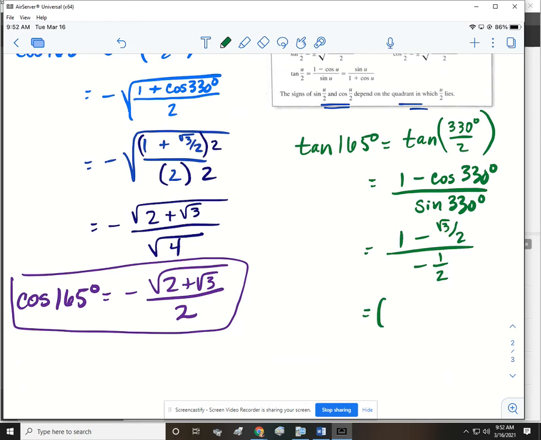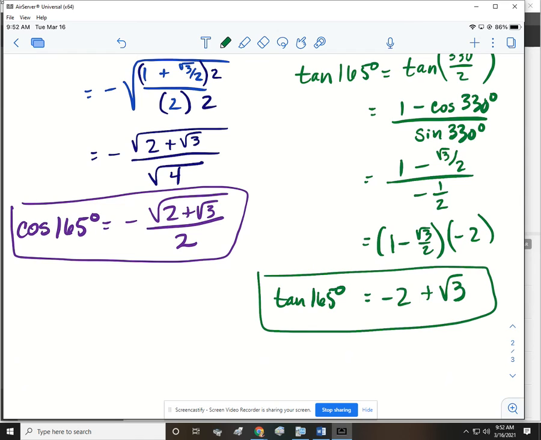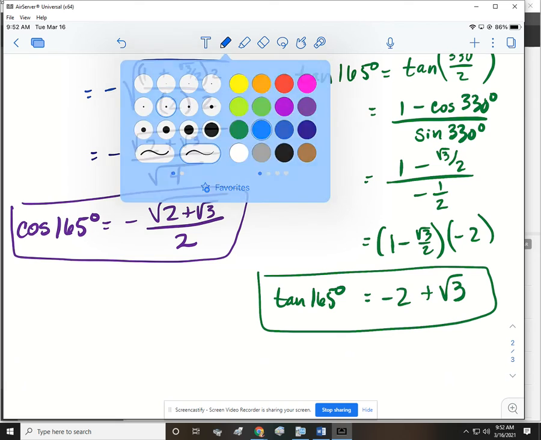All right, so we'll take our numerator and multiply by the reciprocal of the denominator. It looks like we're going to get negative 2 plus the square root of 3 is the tangent of 165 degrees. All right, so that's how you use the half angle formulas to find the exact value of an angle that's half of a special angle.